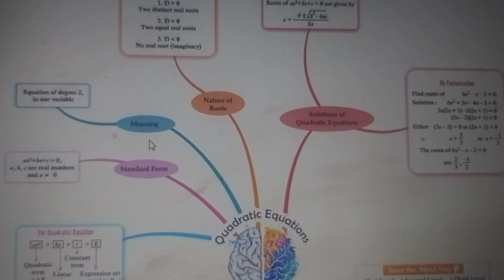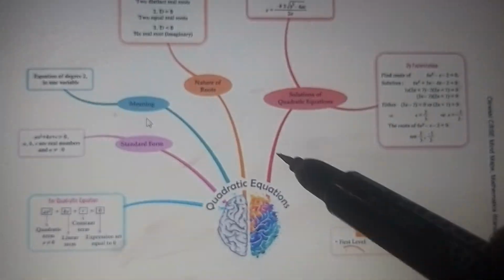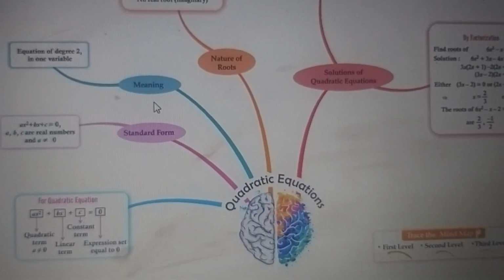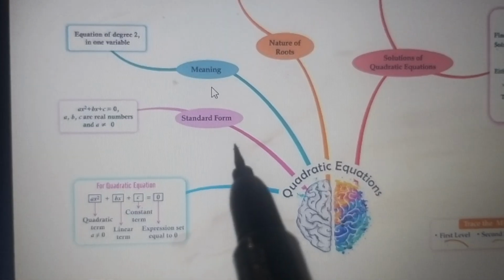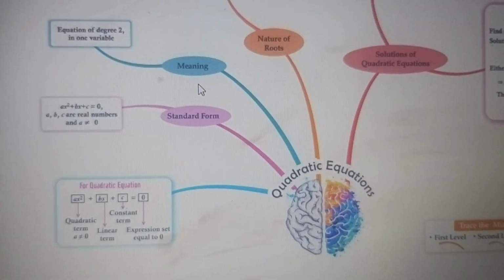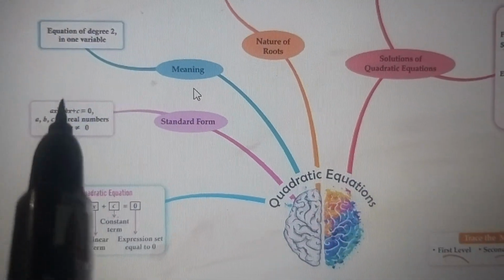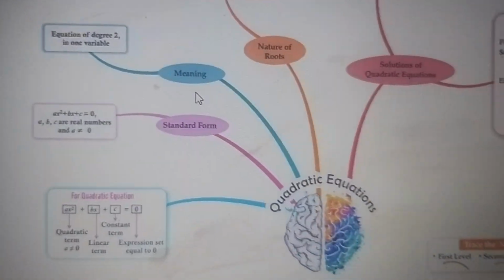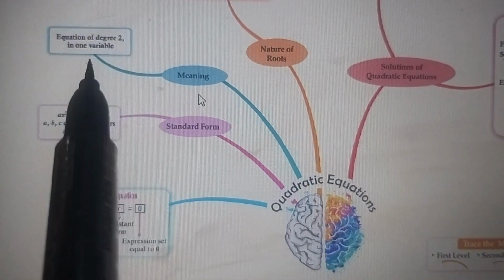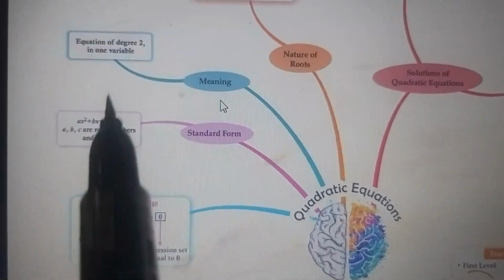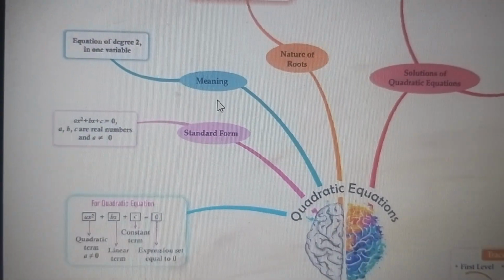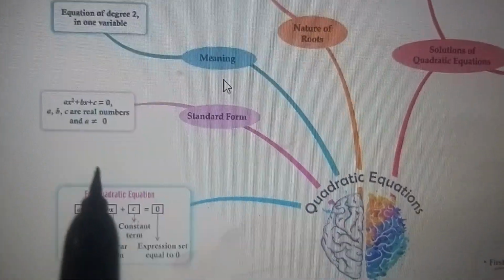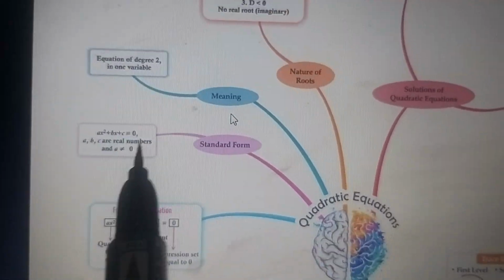Okay, now next one is the quadratic equation chapter. In algebra we have so many marks to get, so be ready for doing all the problematic chapters. Okay, the standard form of a quadratic equation is ax square plus bx plus c equal to 0. If the degree is 2, then that is a quadratic equation, children. So an equation of degree 2 in one variable is the meaning of quadratic equation, and the standard form is ax square plus bx plus c equal to 0, and a must always be not equal to 0.